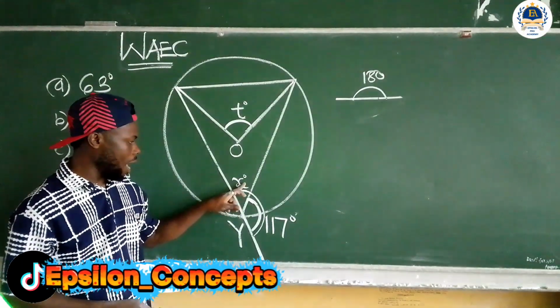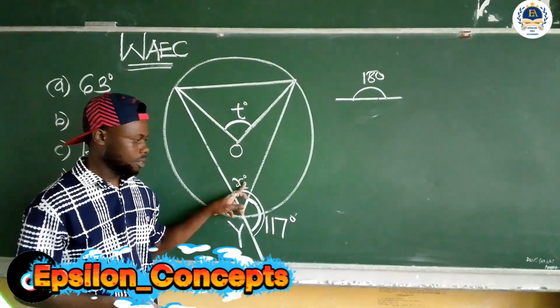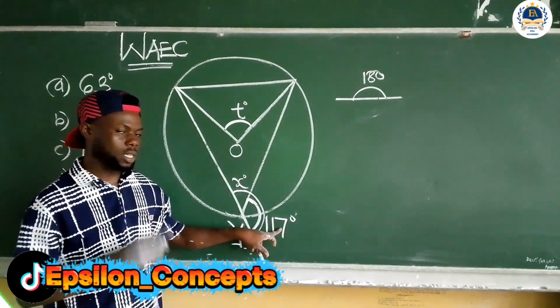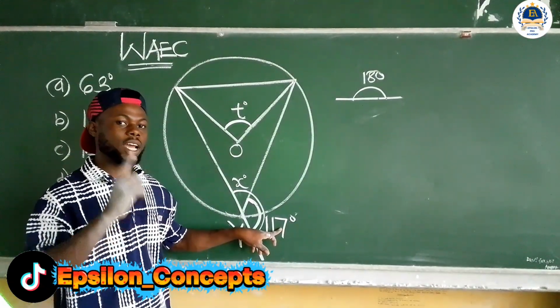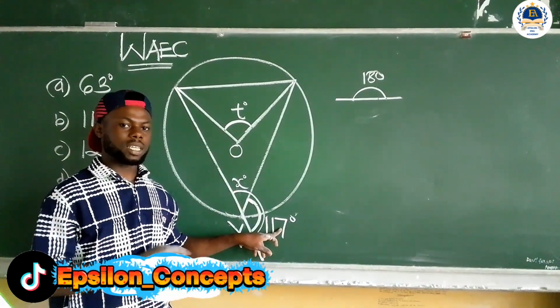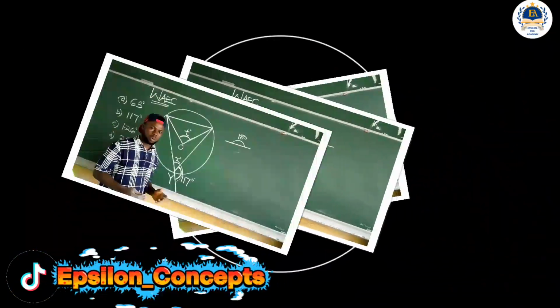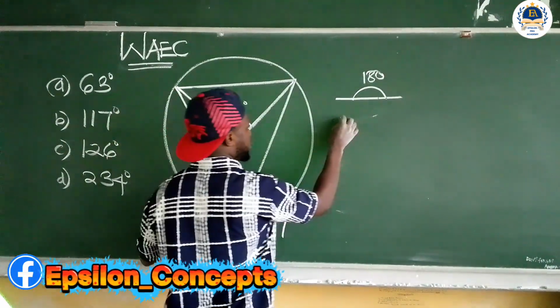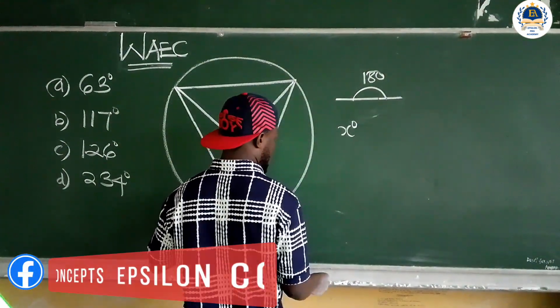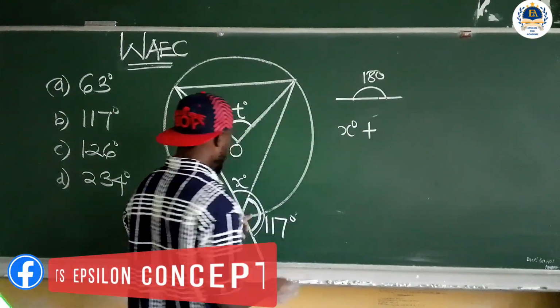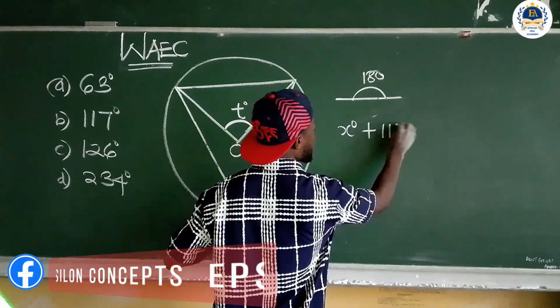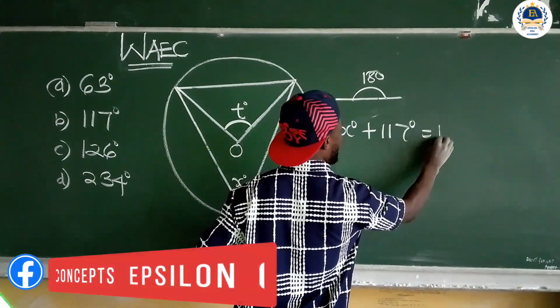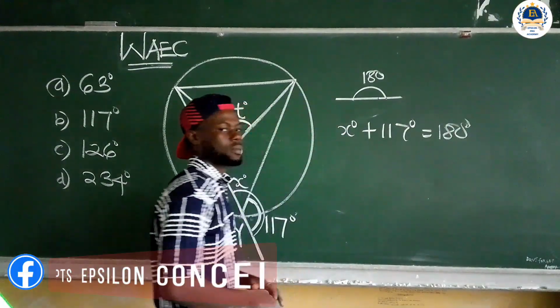So that means x degrees plus 117 degrees is going to give 180 degrees. Reason is that the sum of angles on a straight line is 180 degrees. So x degrees plus 117 degrees must give 180 degrees.